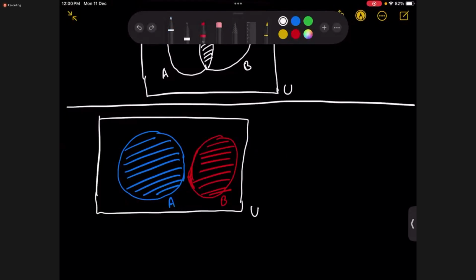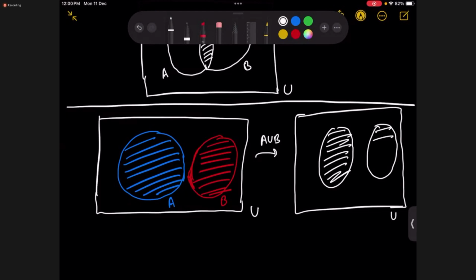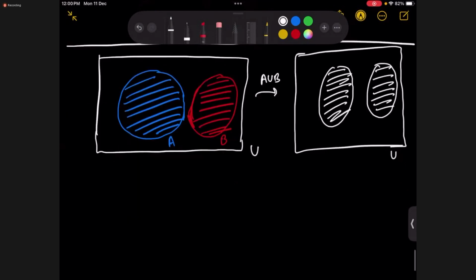They have no common element. So in that case, if we take A union B, then this is our U. A union B will be the collection of all elements of both sets, right? But there is the problem. What about A intersection B?